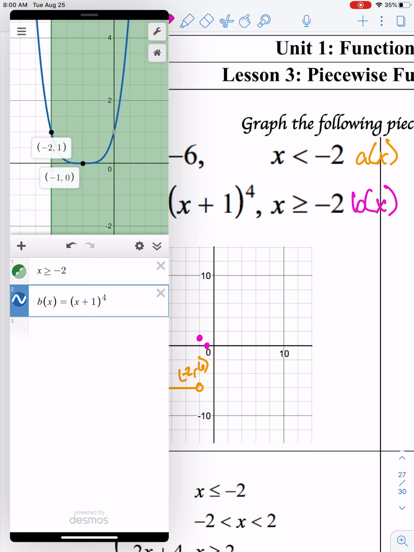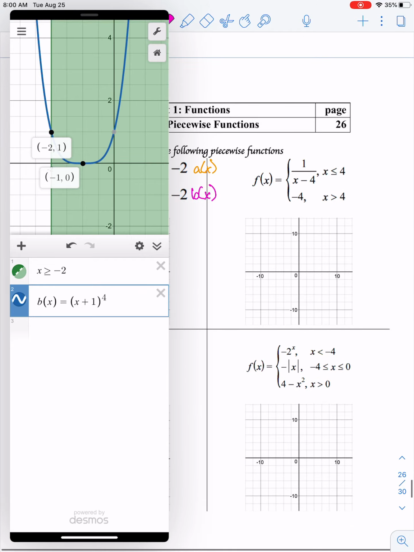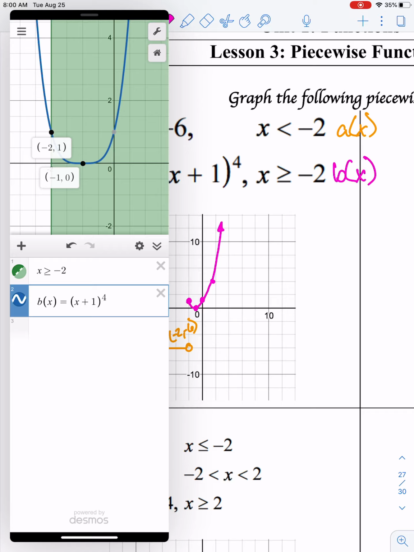And after you plot that first point, everything from then on is closed. So this again is how you plot and graph piecewise functions. And just for good measure, again, I always like to go back and label my functions.